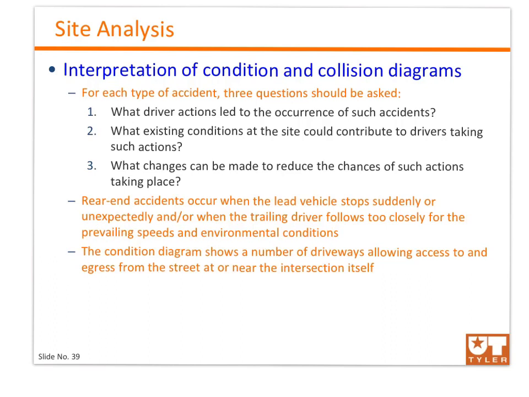The condition diagram also shows a number of driveways allowing access to and egress from the street at or near the intersection itself. As I told you, beside the bank there was a parking lot, and once you leave the parking spot, you would be super close to the intersection. Maybe we need to change that entrance of the parking to be a little bit away from the intersection location.